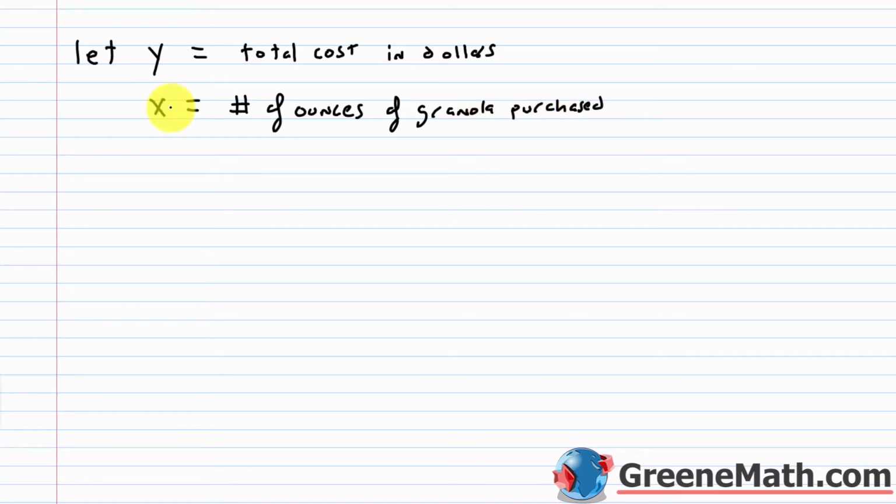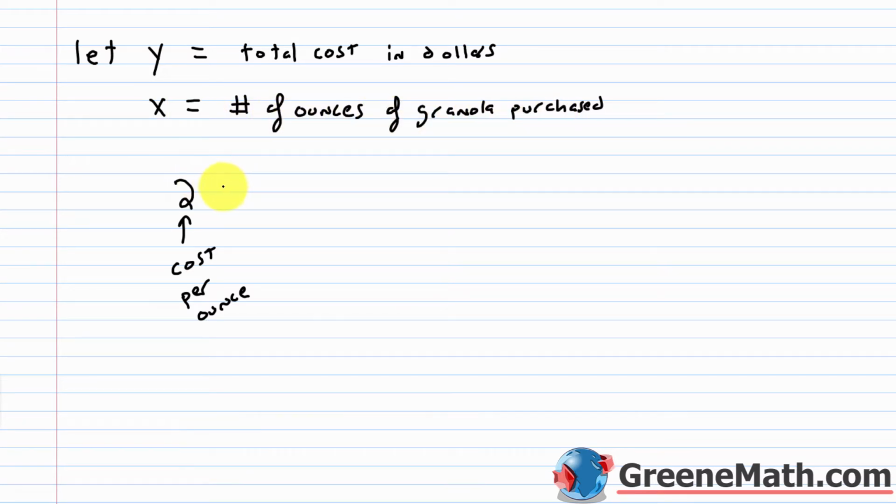So how would we take these two variables and set up an equation that describes our situation? Well, I know that 2, or $2 specifically, I'm going to leave off the dollar symbol, is the cost per ounce of granola. And I know that x is representing the number of ounces of granola purchased.